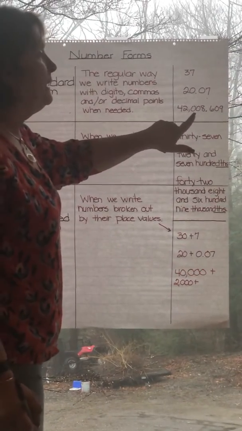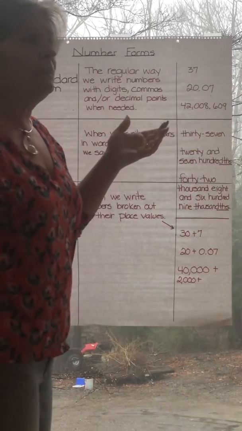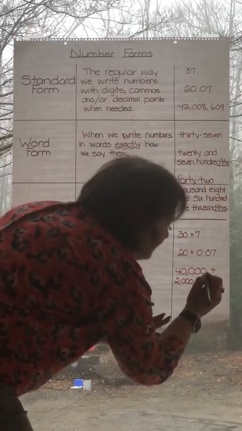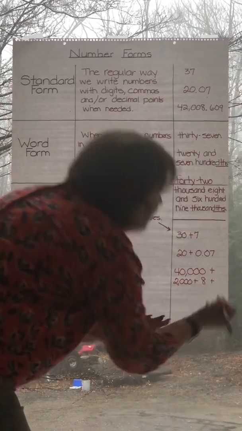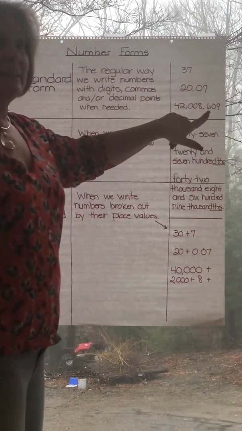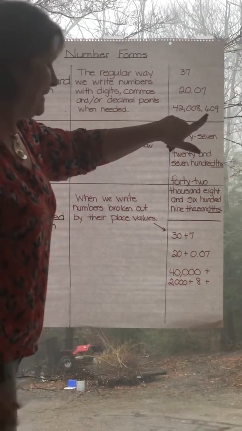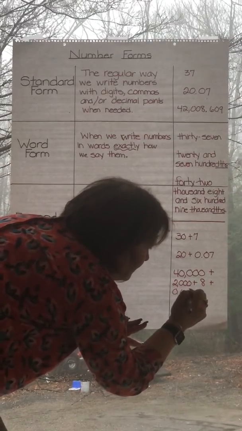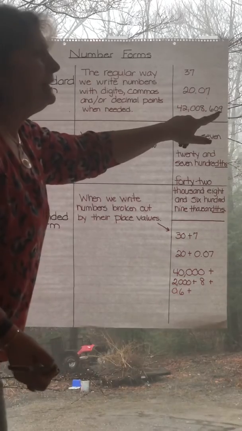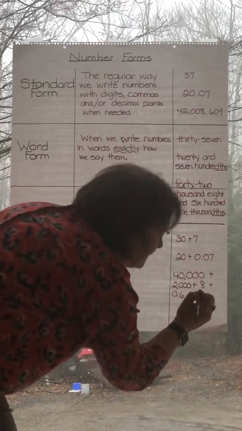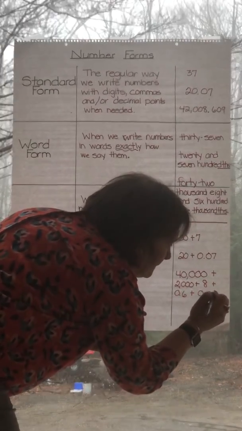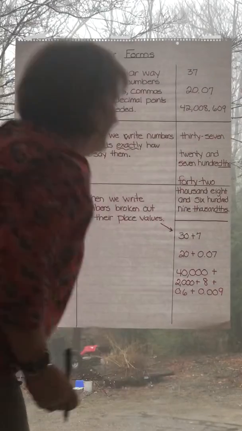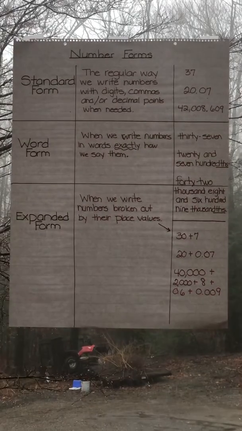Notice I don't put in these place values because they don't have any amount. Plus 8 plus 6 in the tenths place is 6/10. So I put 0 and 6/10 plus 9 in the thousandths place, 0 and 9 thousandths.